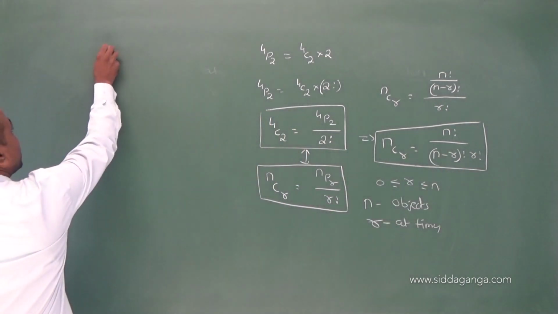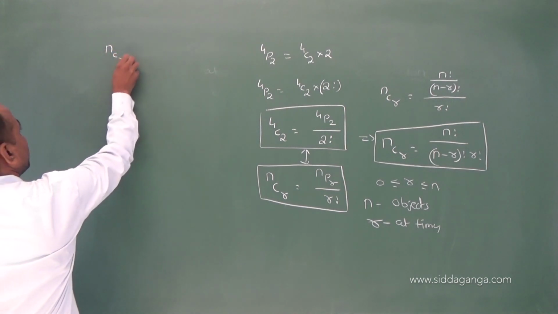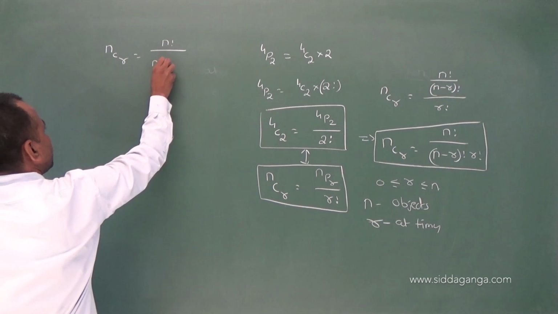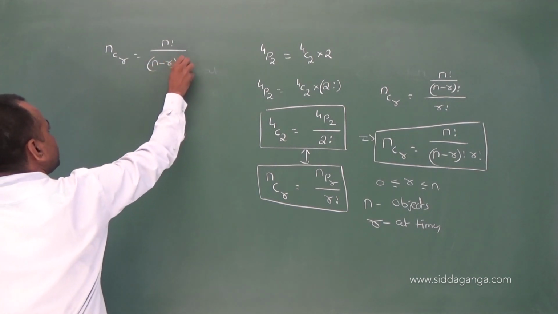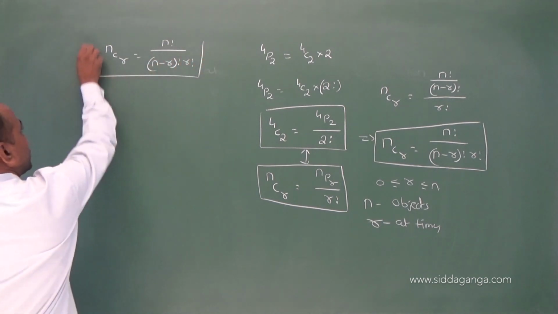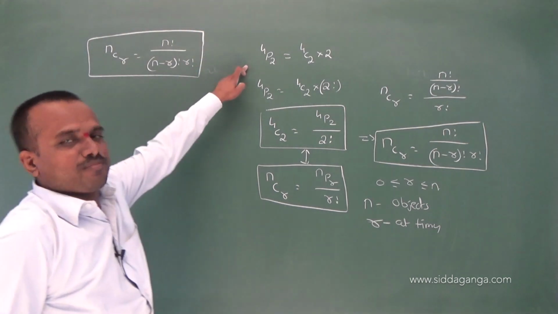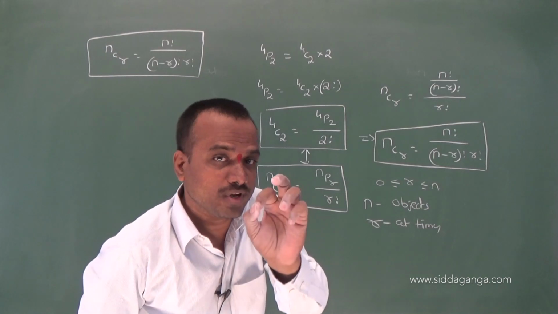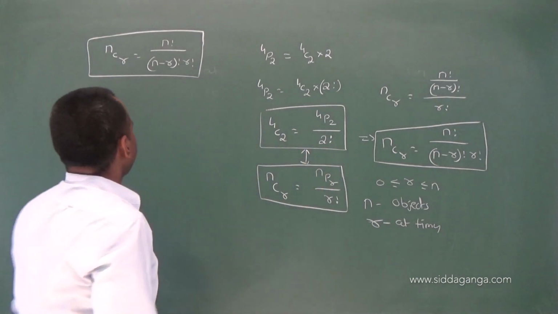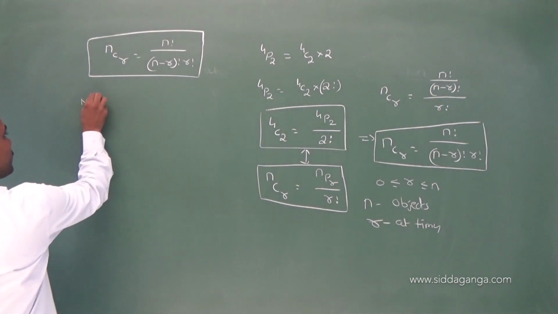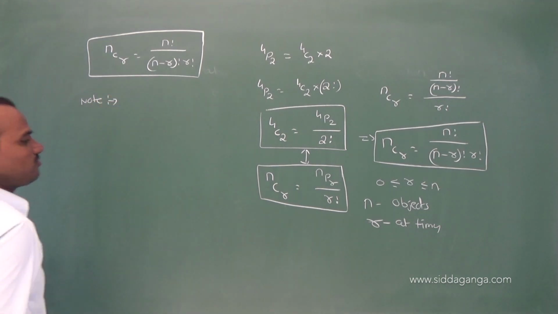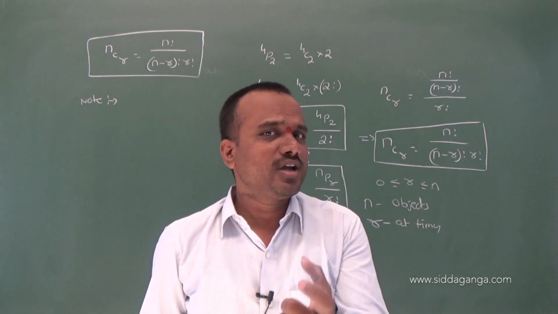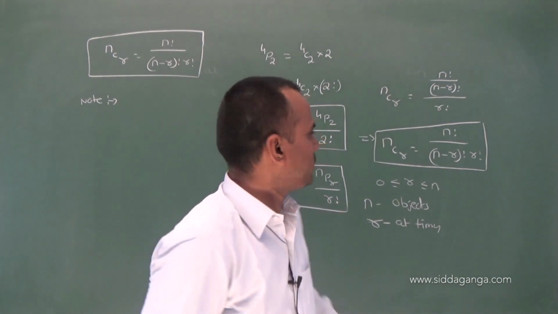First formula: selecting r from n objects is given by n factorial divided by (n minus r) factorial into r factorial. I can use the example to derive the combination formula. Then note the relation between permutation and combination.